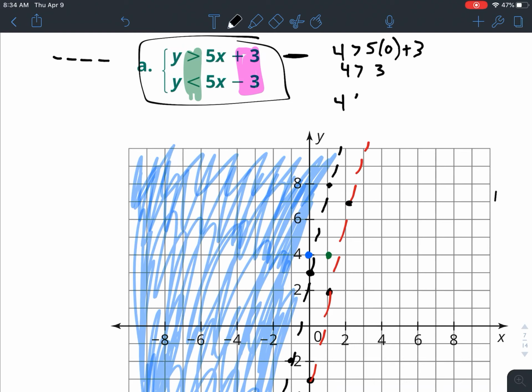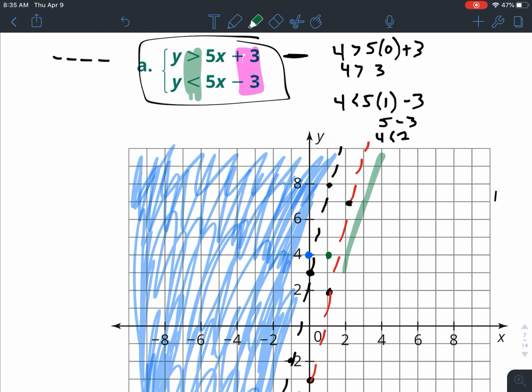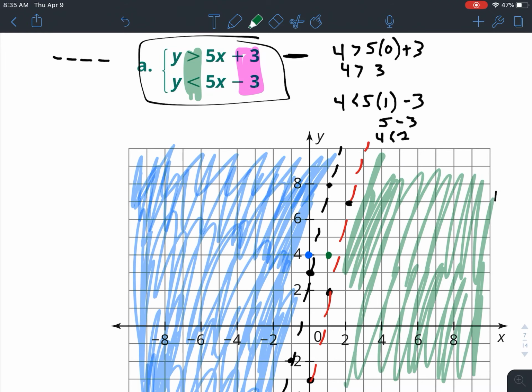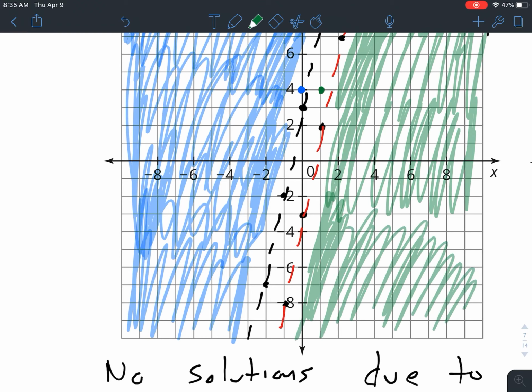So is 4 less than 5 times 1 minus 3? 5 times 1 is 5, minus 3 gives us 2. 4 is less than or equal to 2. So that green point does not work, so we can't shade that side. That means this other side works, so we shade this side in green. We leave the middle blank because the middle does not work for either equation. So it's only this side that works.